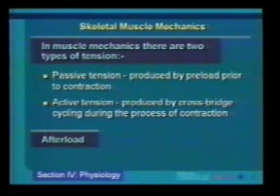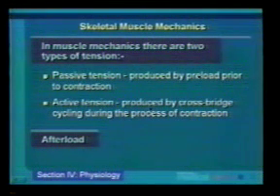Now, in muscle mechanics, there are 2 types of tension, and you have to keep these separate. This has always been a confusing point in the past. Now, passive tension is always generated by preload prior to contraction. Active tension, the other tension, is only produced during contraction. It is produced by cross-bridges cycling during the process of contraction.